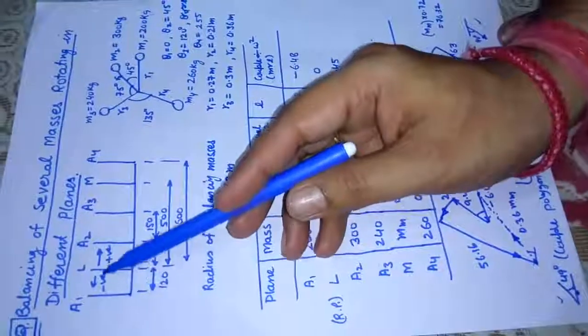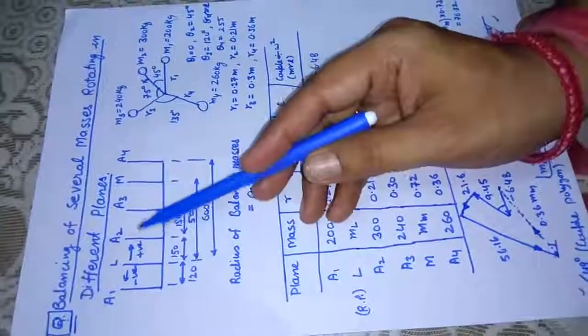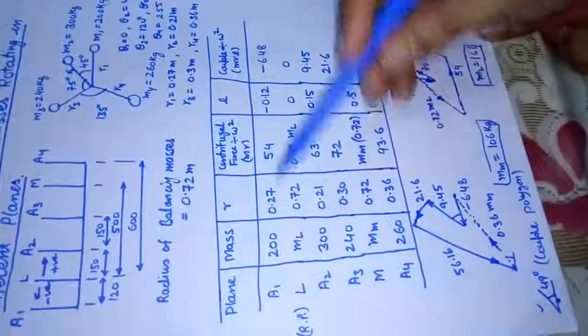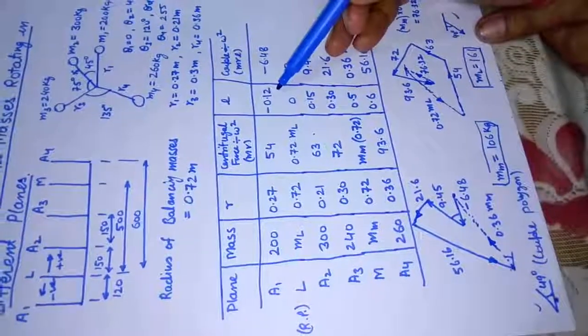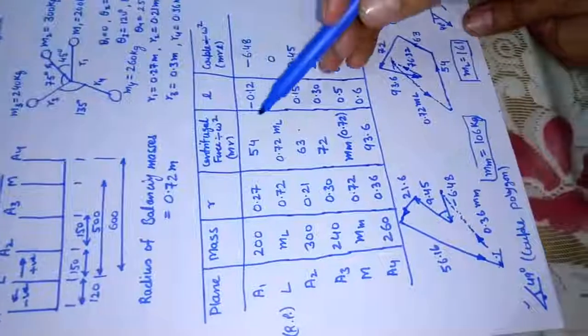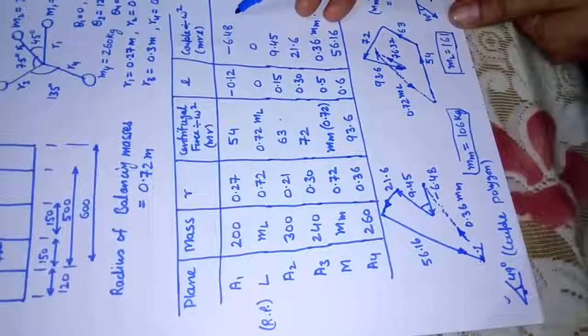Towards the left it is taken as negative, and towards the right of the reference plane it is taken as positive distance. So A1 will be at minus 0.12 meter, that is 120 mm, and when we multiply, we get the value of mrl, that is the couple.